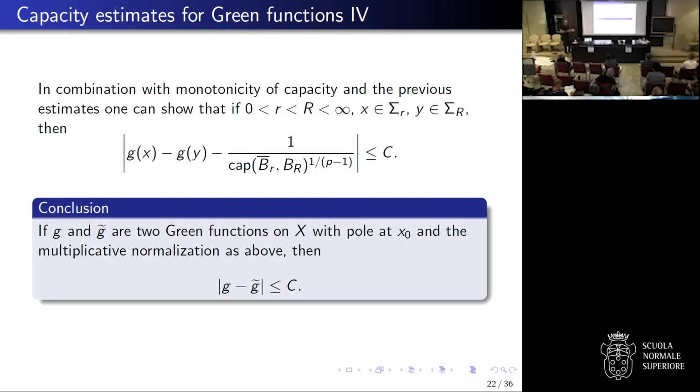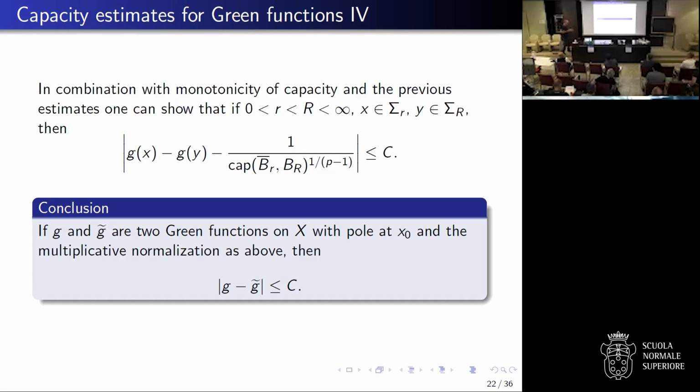So if you have two such functions, then they have to be the same up to an additive constant. So from our capacity estimates and this fact that on spheres you have only a bounded oscillation, you get immediately this conclusion. If you have two such green functions with the right multiplicative normalization, then the difference is uniformly bounded. So this completes the first two steps of my proof.